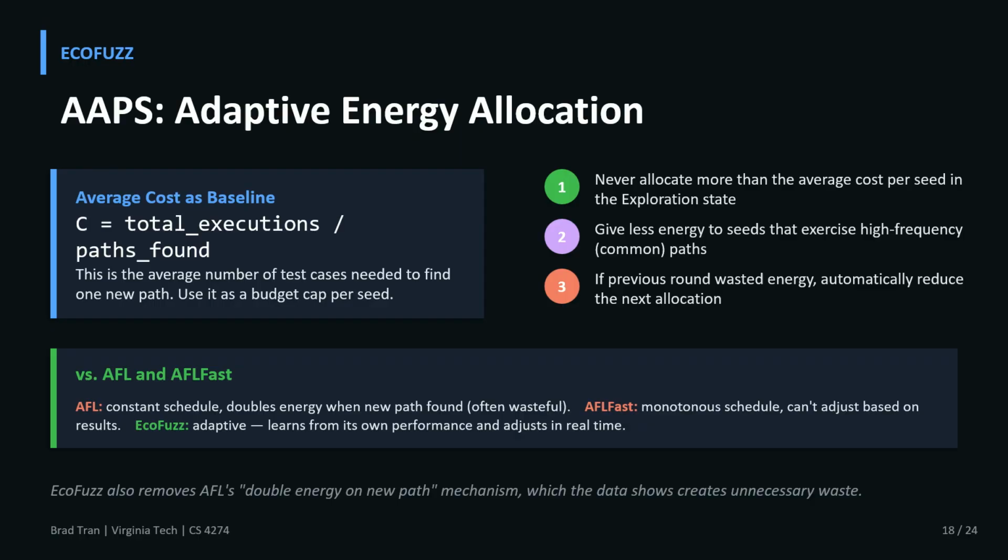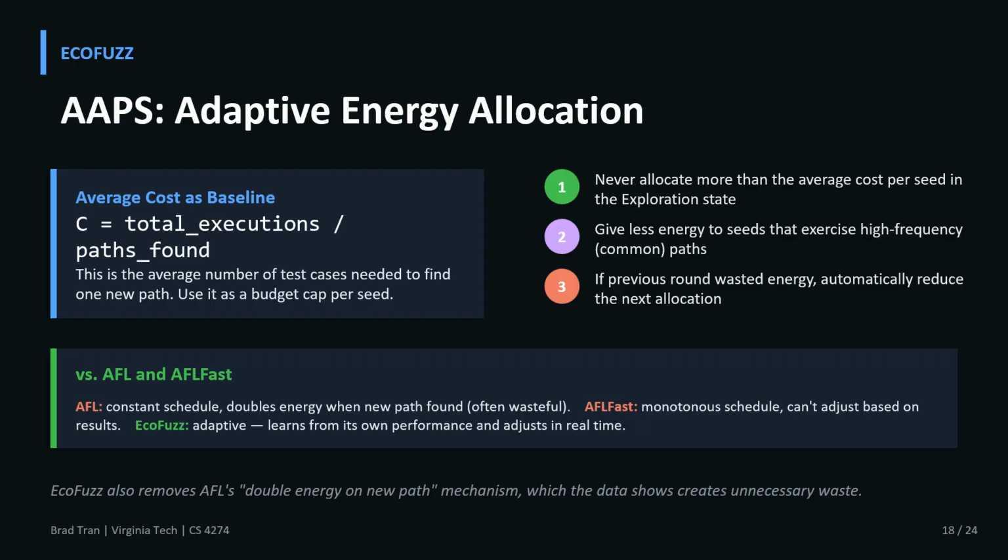Third, and this is the adaptive part, AAPS tracks a regret metric. If the fuzzer allocated energy and found a new path early in the round, meaning most of the remaining energy was wasted, the algorithm reduces the global rate parameter for the next allocation.